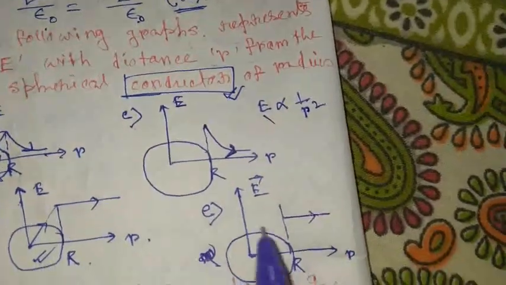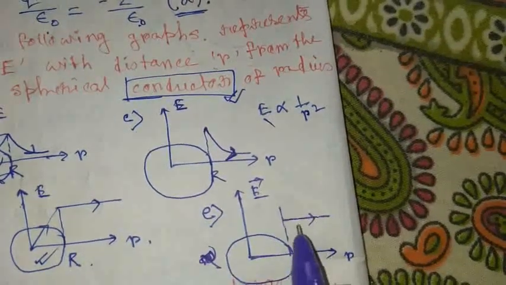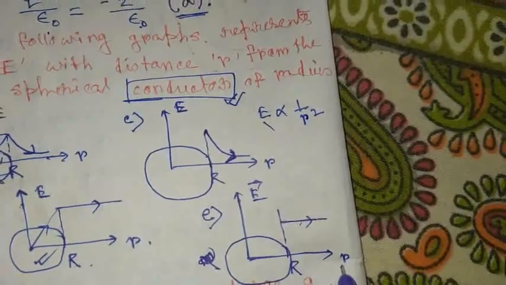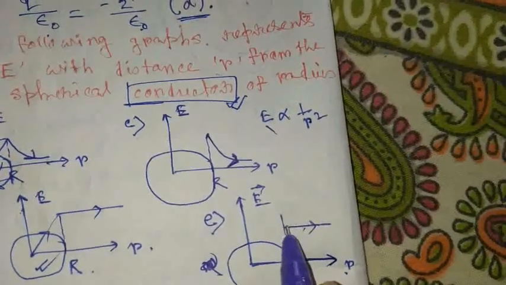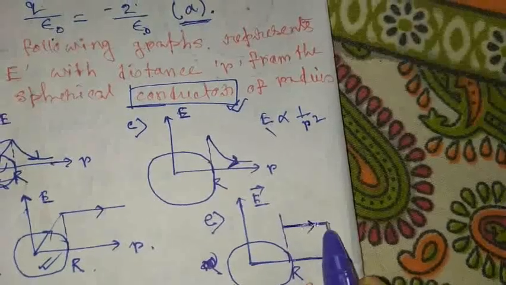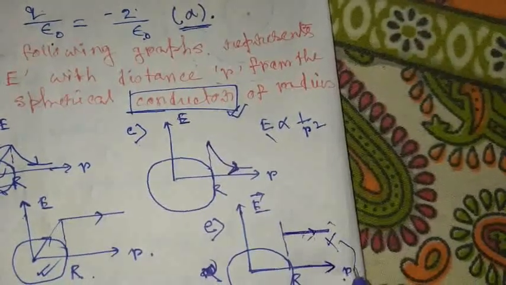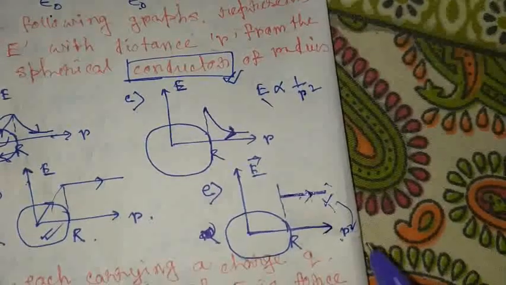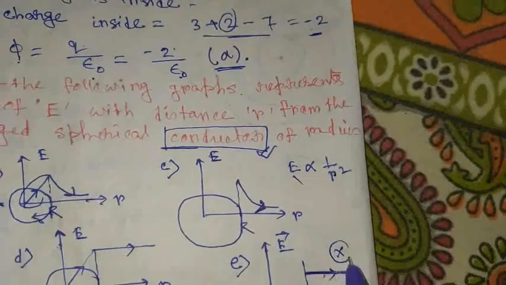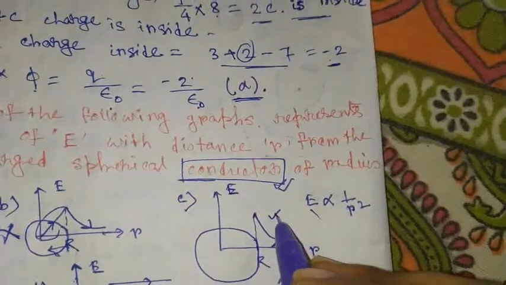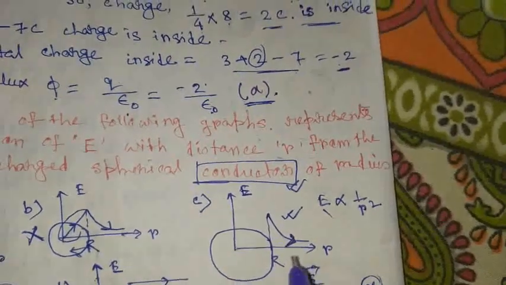Now from this graph we can say that the electric field is independent of distance R, because as R approaches a large value, the electric field also becomes parallel to the x-axis. That means the electric field is independent of radius or distance. So this is false. So the correct answer is option C.